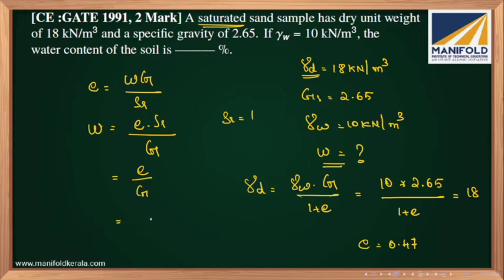By substituting here, w = e/G = 0.47/2.65, which is 0.1773, or 17.73 percent. They were asking for a percentage, so it is equal to 17.73.